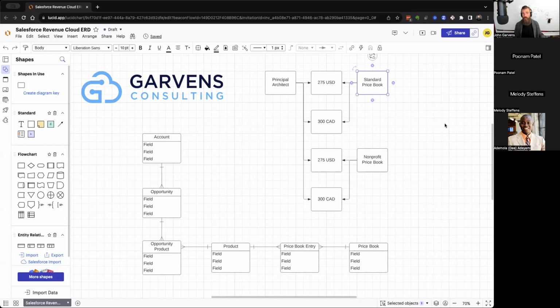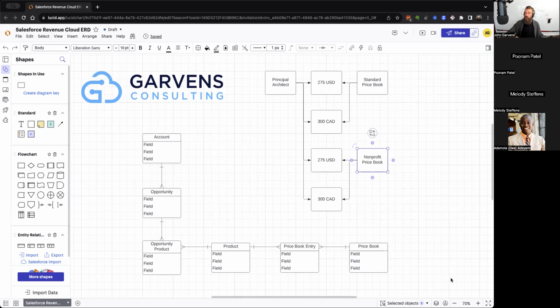I just acquired a company and they have different products and different prices and maybe even different currencies, whatever. So the temptation is I'm going to create a price book for them, for my subsidiary that I just purchased. But the thing we have to keep in mind is, will I ever at any point in the future want my reps to sell both at the same time on the same quote?